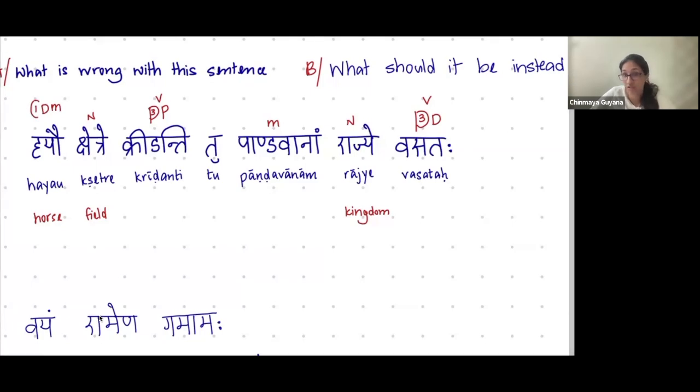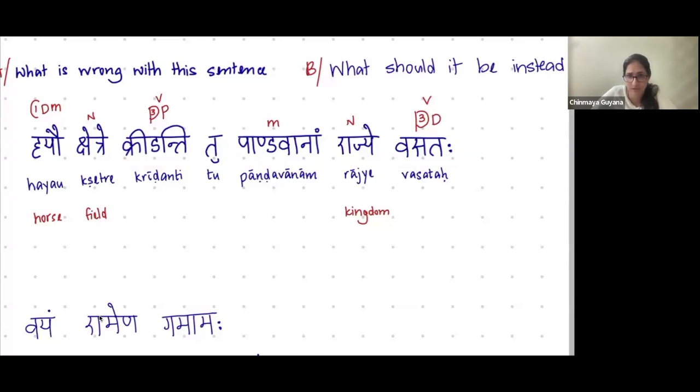Kshetre, not a subject. Tu, not a subject. Pandavanam, not a subject. Rajye, not a subject. So the only subject in this sentence is this.